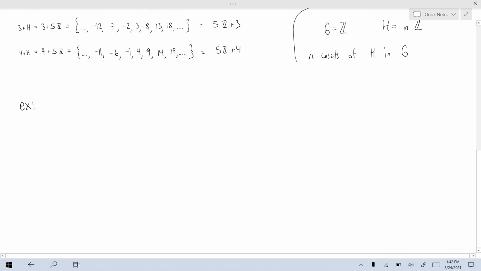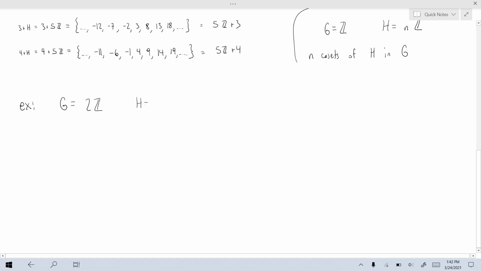Let's do another example. So now let's take the group G to be a subgroup of the integers. So let's consider G to be the set of all integer multiples of 2, or if you will, the set of all even integers, okay?